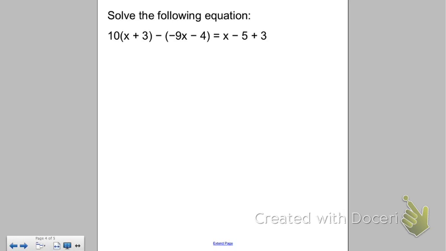So, since I'm solving an equation, it is going to be the same process. I'm going to first simplify my left-hand side. In order to do that, I have to distribute my 10. 10 times x is 10x. 10 times 3 is a plus 30. Then I'm going to bring everything else down.